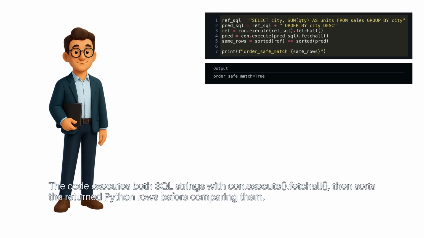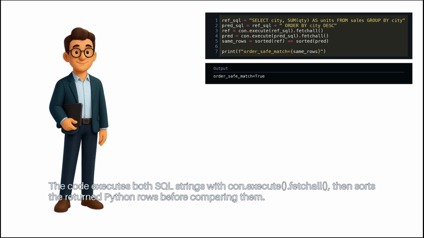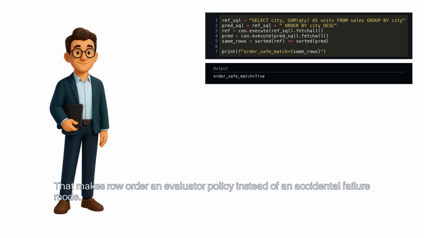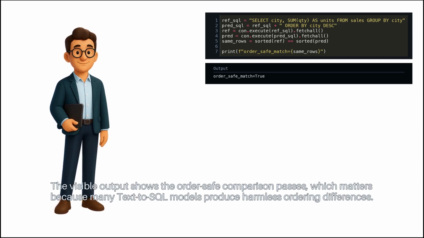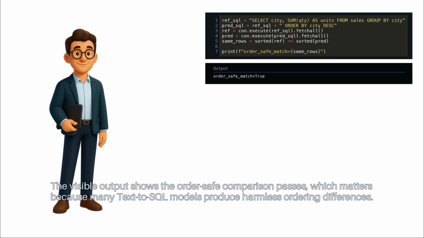The code executes both SQL strings with con.execute().fetchall(), then sorts the returned Python rows before comparing them. That makes row order an evaluator policy instead of an accidental failure mode. The visible output shows the order-safe comparison passes, which matters because many text-to-SQL models produce harmless ordering differences.